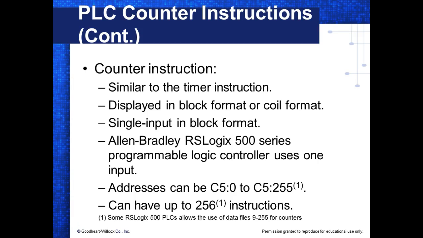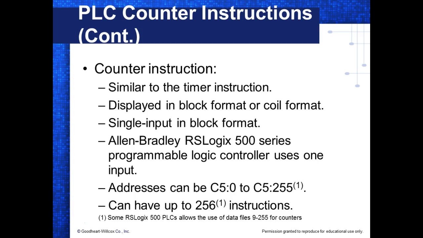First of all, with 5 you can't use anything but counters, right? Understand? These you can use for anything. So what that means is that you're responsible for that. If you use 9 for counters, then you cannot use 9 for timers, right? You understand that? And it's up to you to keep track of the data files that you use outside of the range. So we'll use 5, okay, but I want you to understand we can, and I think I showed you that on timers.